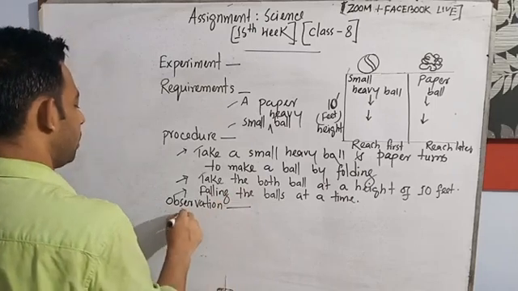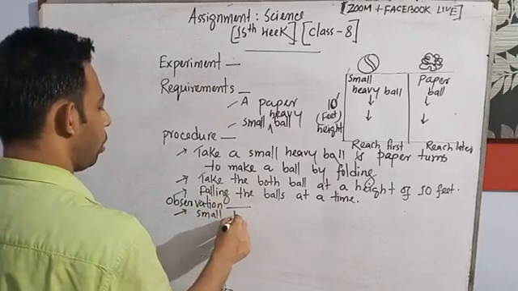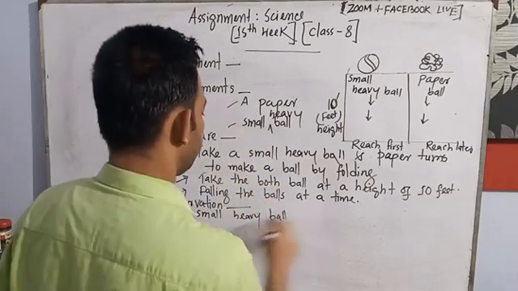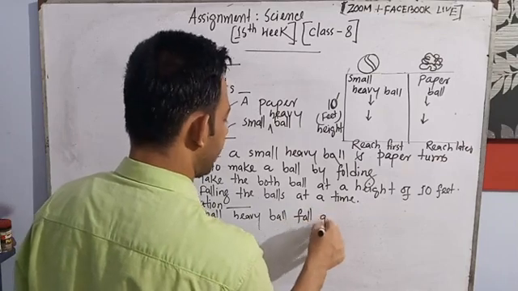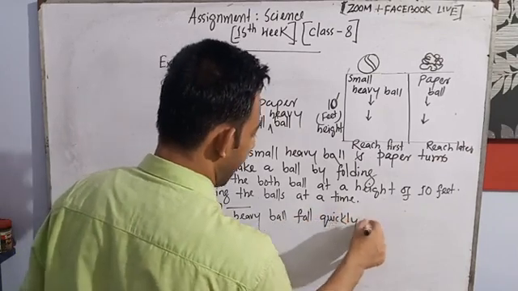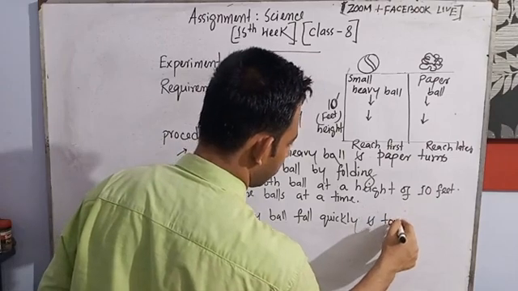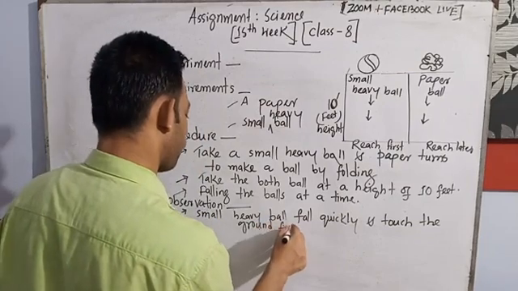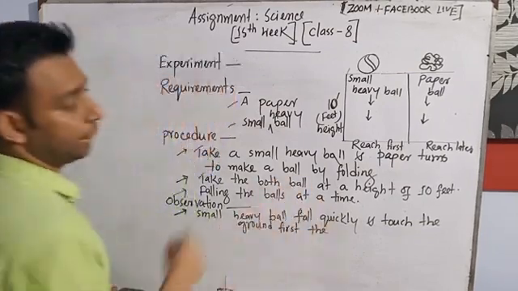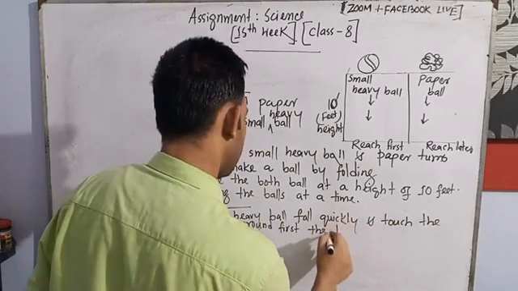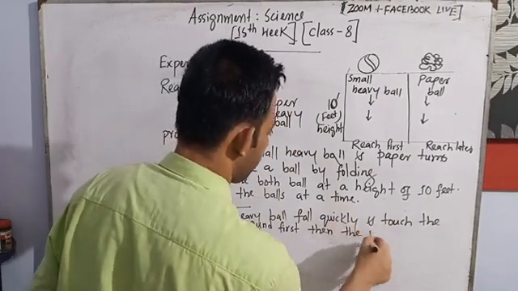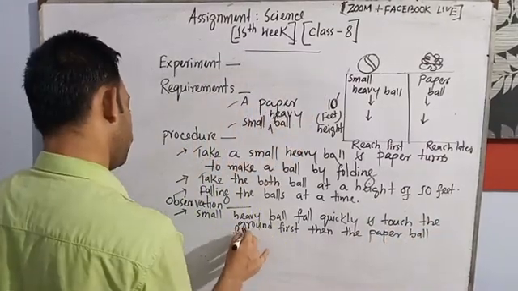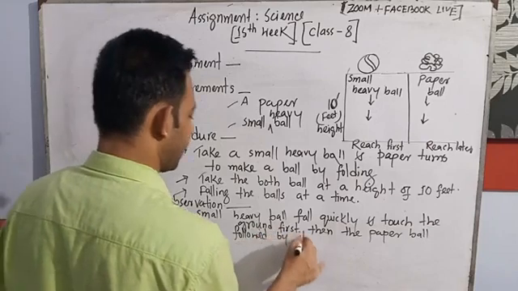I find out the small heavy ball falls quickly and touches the ground first, then the paper ball followed by it.